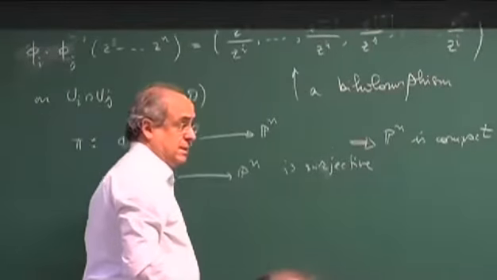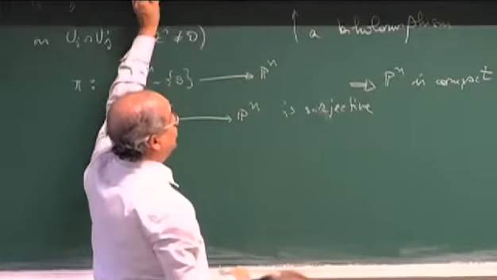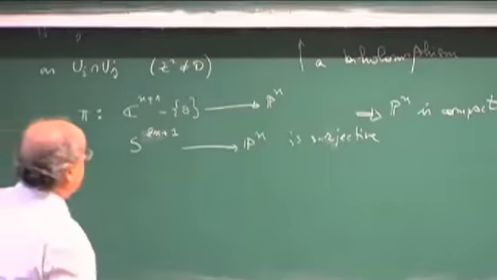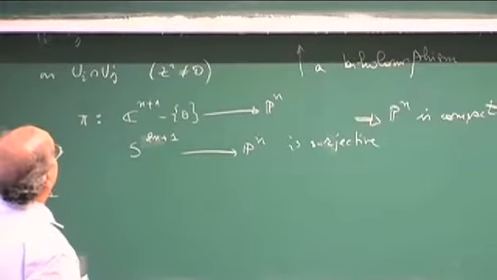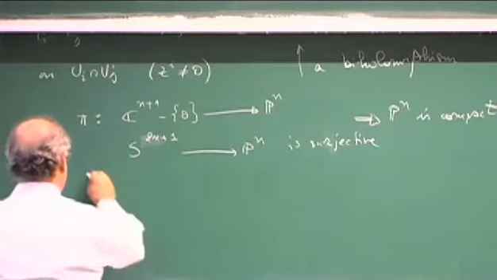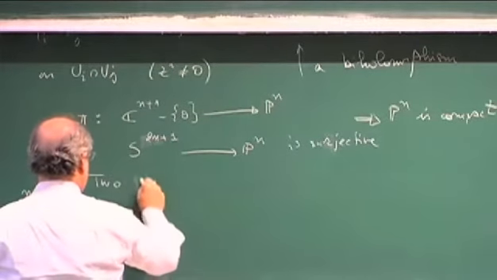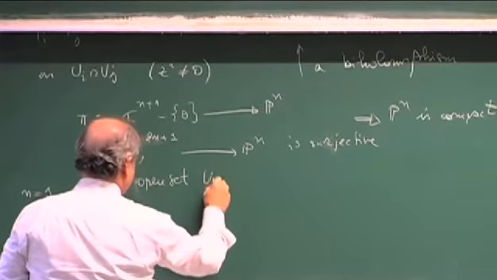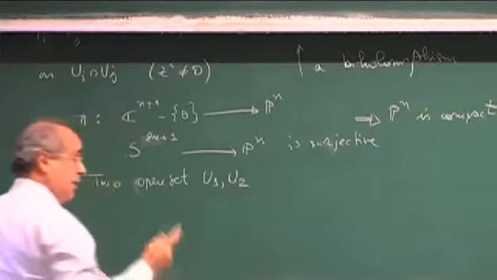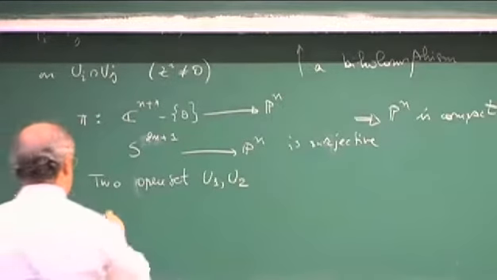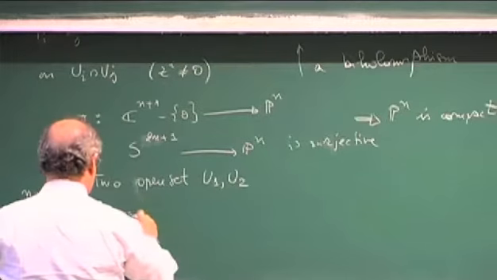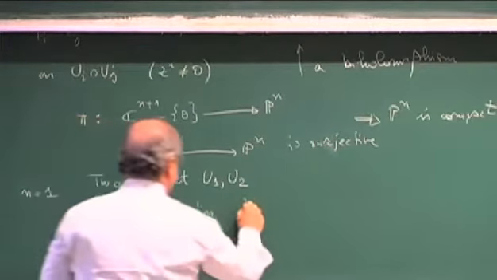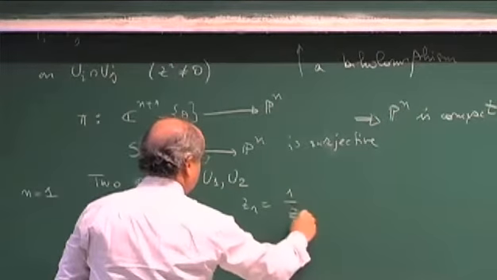And also, if you take n equal to 1, you just have two open sets, U1, U2, and you just have one transition function, which is something like Z1 is 1 over Z2.